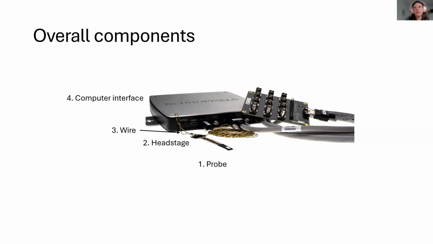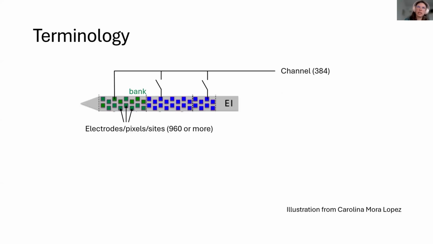So I'm going to first talk in a bit more detail about how you should think about planning your probe choice. But before that, I wanted to just clarify a couple of terminologies related to the probe. So each probe has electrodes or pixels or sites, out of which you have 960 or even more.